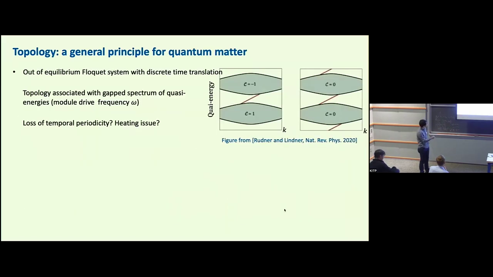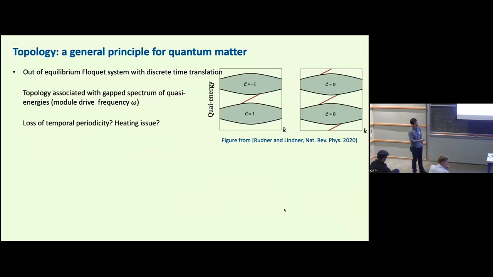We can definitely break the time translation symmetry by making it not continuous. For example, if you think about a Floquet system with a drive frequency omega, then your time translation symmetry becomes discrete. Yet in this case, you can still talk about energy, but just modulo the drive frequency. You can still talk about band structure, a related notion, and define topology accordingly, right?